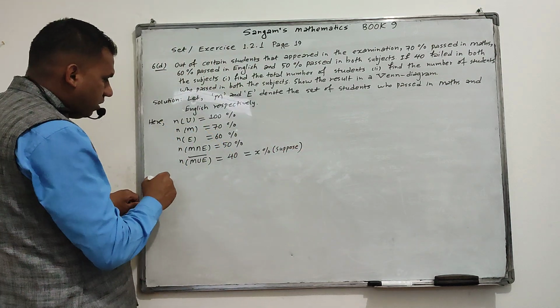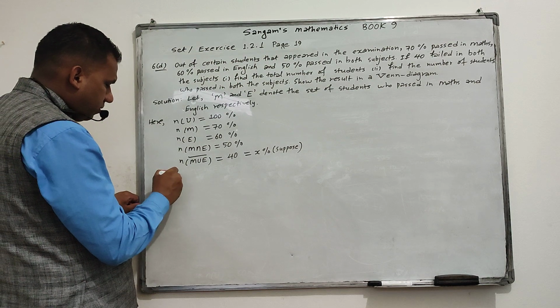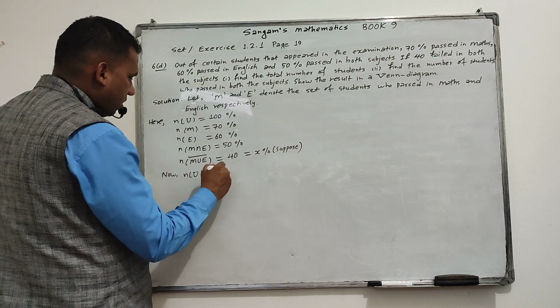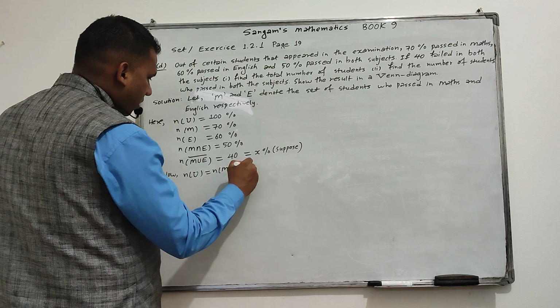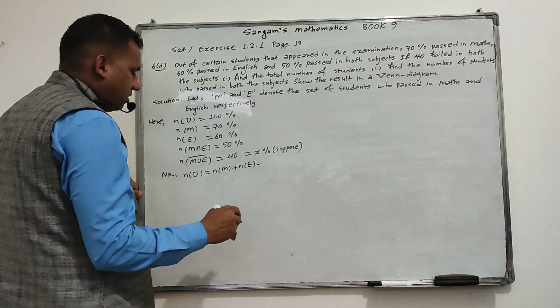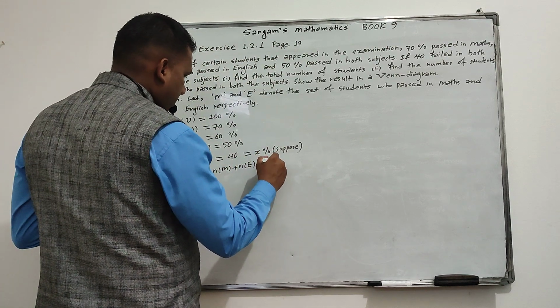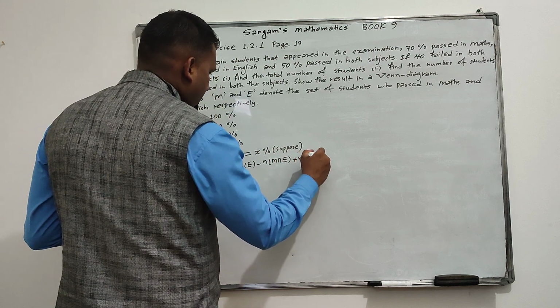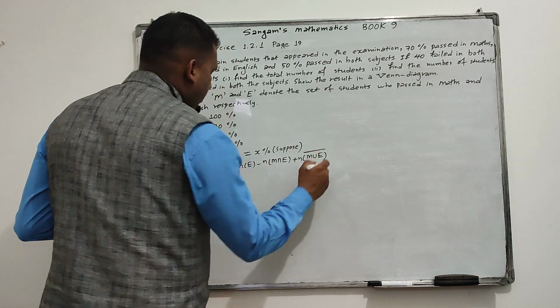Now using the formula, number of U equals number of M plus number of E minus number of M intersection E plus number of (M union E) whole complement.